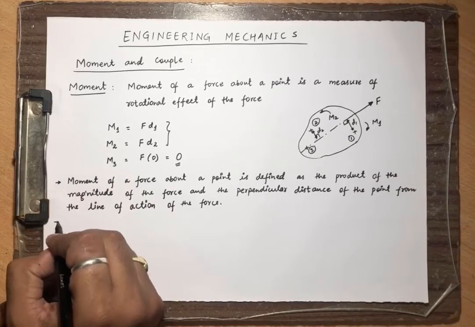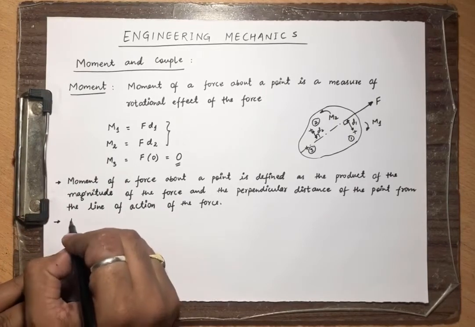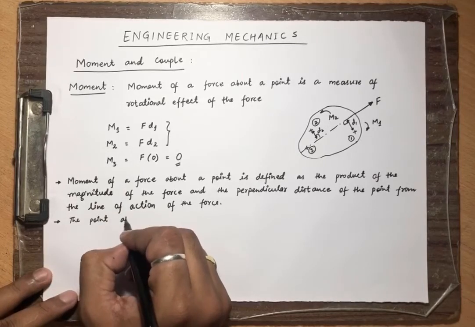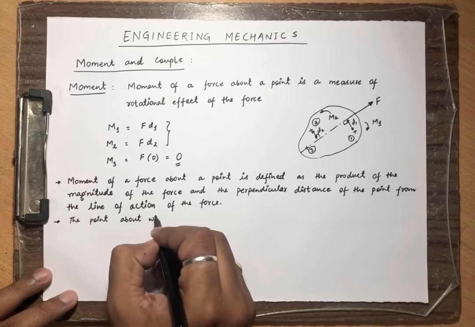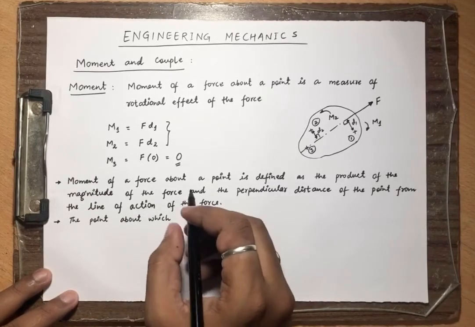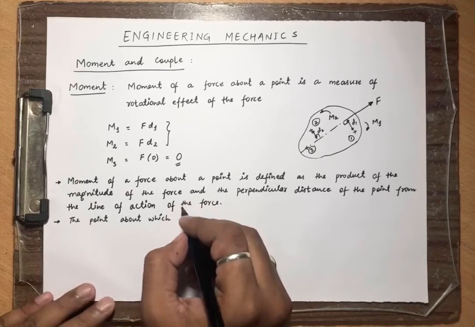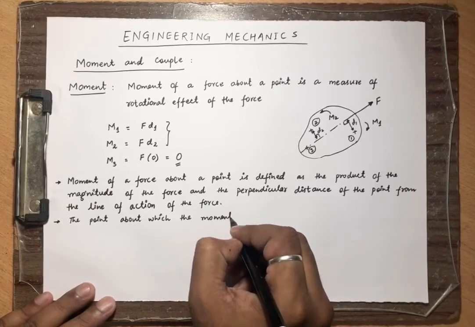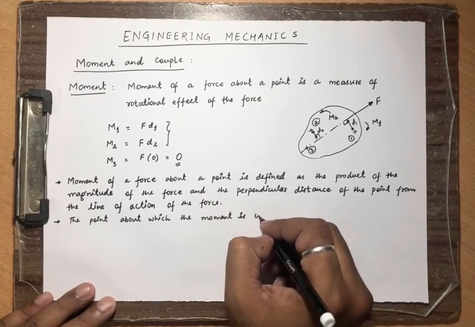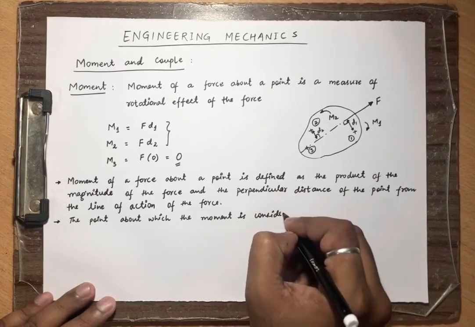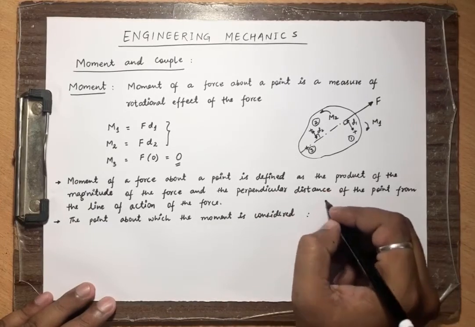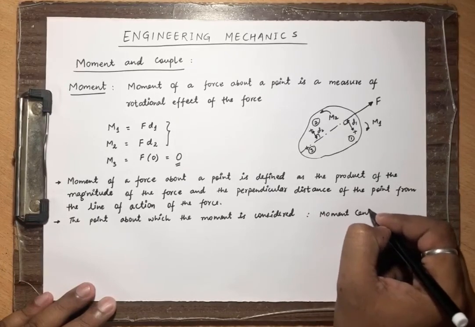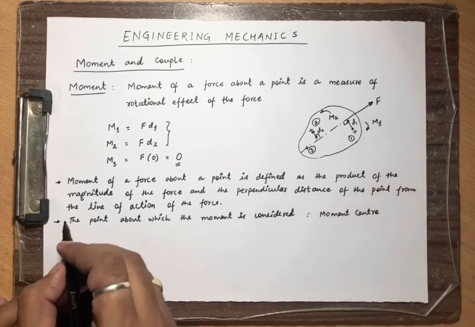Few more points. The point about which the moment is considered is called moment center.